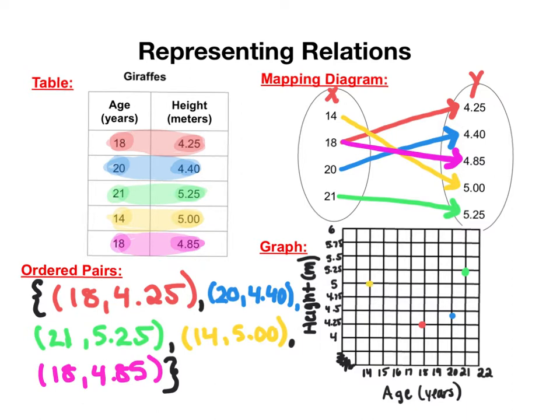And lastly, I have 18 with 4.85. So I go over to 18 and up to approximately where 4.85 is going to be between the 4.75 and 5. And I can plot my point there as well. And we are going to leave these points as separate points on our graph for right now.